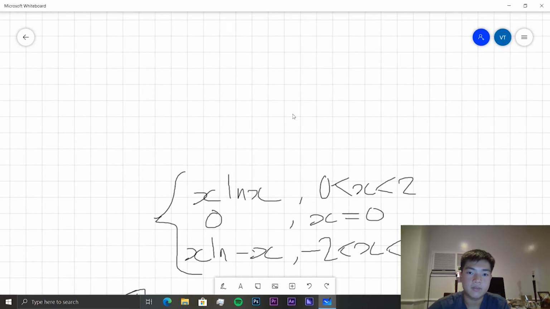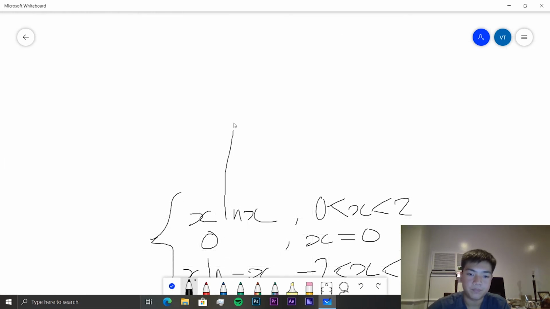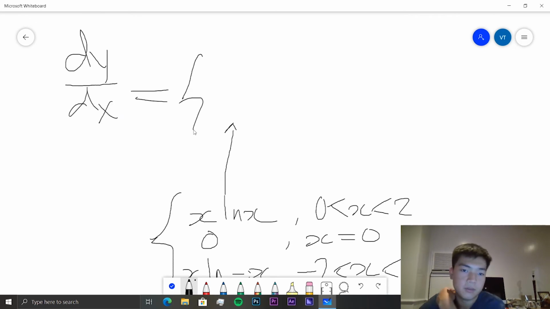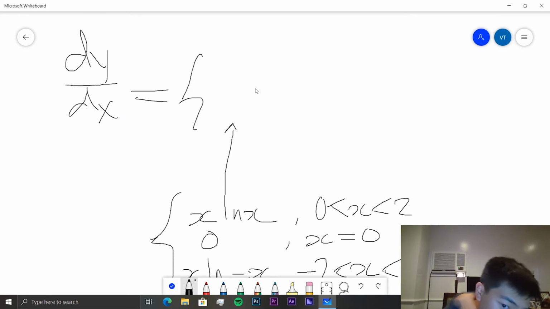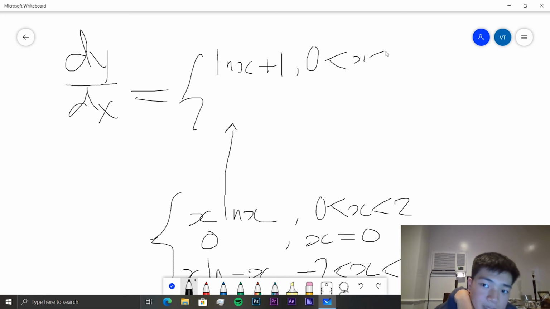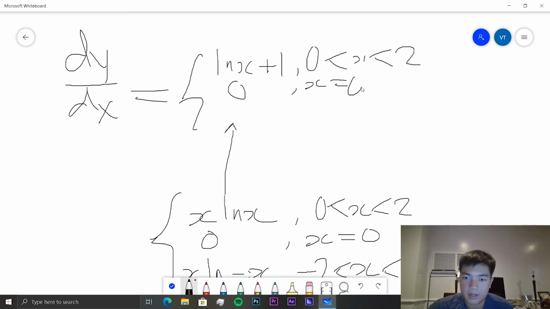So if we get the derivative of each part, we get f prime of x is equal to ln x plus 1 for 0 is less than x is less than 2. Since we use product rule, derivative of x is 1, so ln x. Derivative of ln x is 1 over x. 1 over x times x is 1. Derivative is still 0 for x equals 0, but we're not going to find anything there.